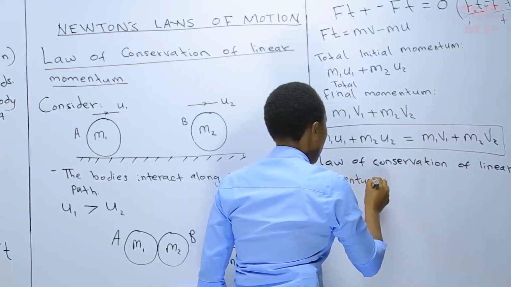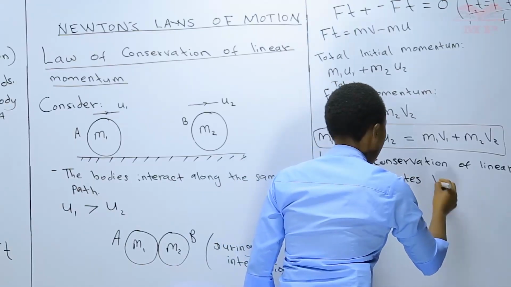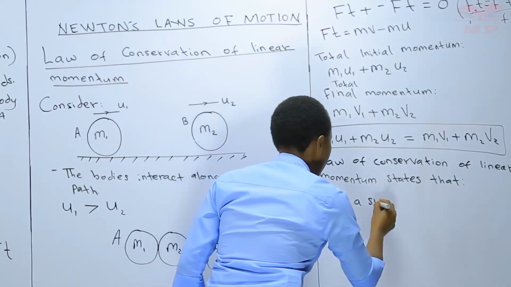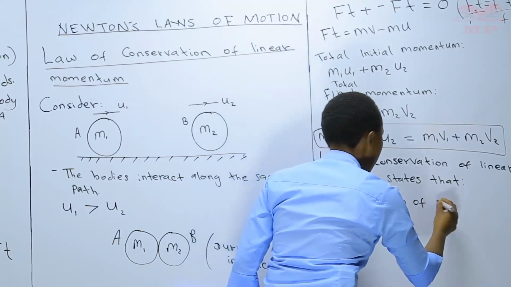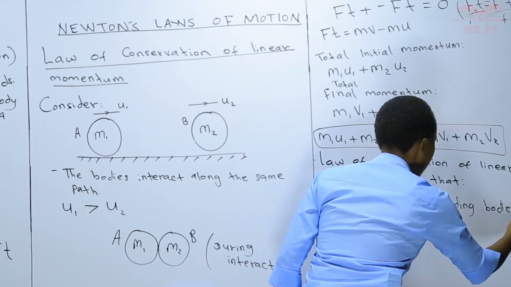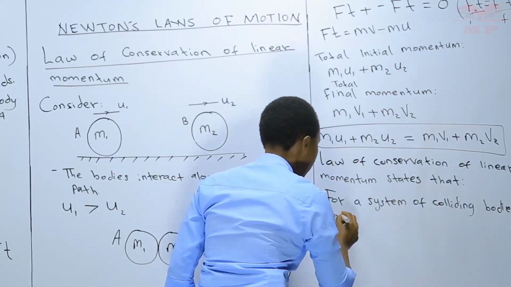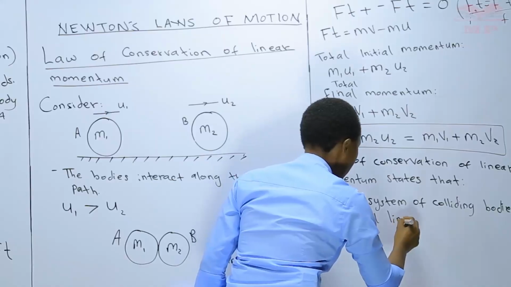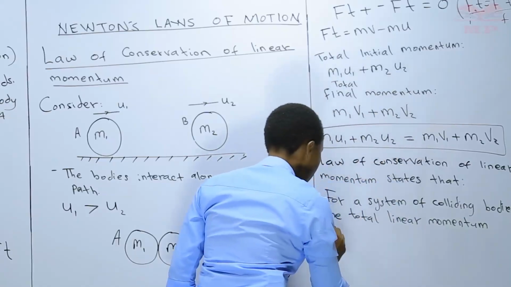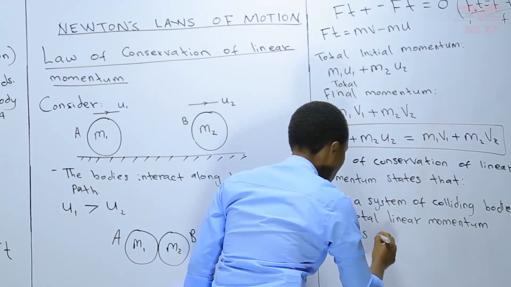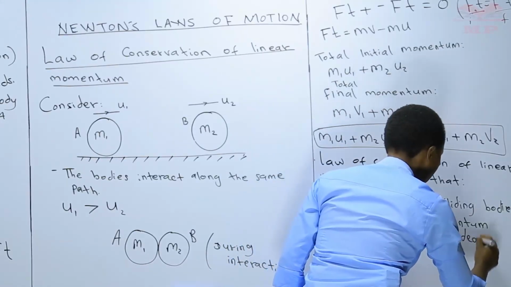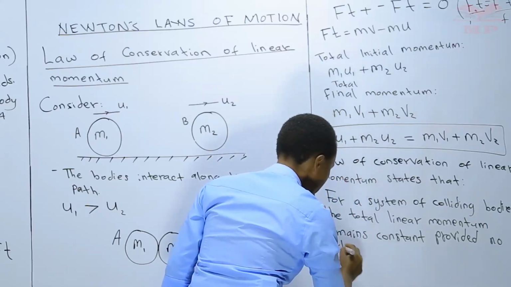The law of conservation of linear momentum states that for a system of colliding bodies, the total linear momentum remains constant, or it does not change, provided no external forces act.